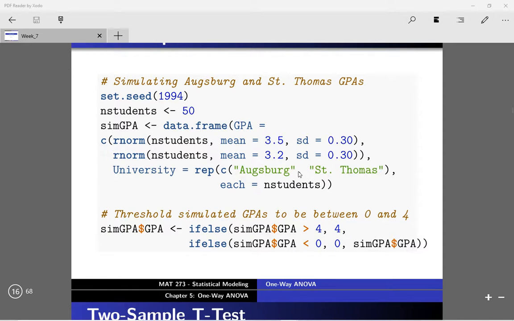So I'm simulating GPA values, and then I'm actually just forcing them because randomness, they could jump outside 4.0. It could be above 4.0 or below 0 by random chance for their GPA. So then I fix that manually. I just set it to 4 if it generated a GPA that was like 4.1 for some reason.